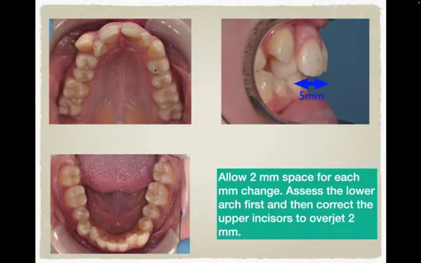However, whenever you plan your overjet, you need to plan the lower arch first, then the upper arch. As you can see in this case, the amount of crowding in the lower arch is almost 4 millimeter. If we decide to treat this patient non-extraction by proclination of the lower incisors, 4 millimeter needs 2 millimeter of proclination, because each 1 millimeter gives you 2.